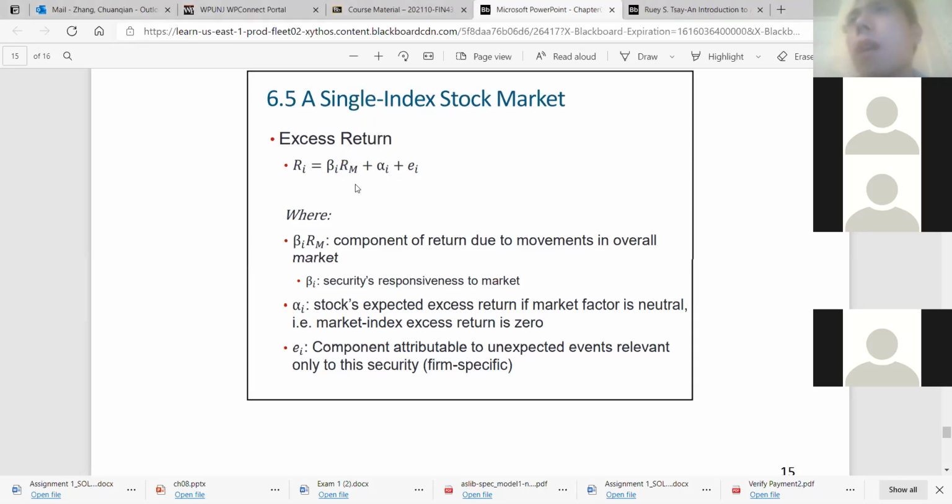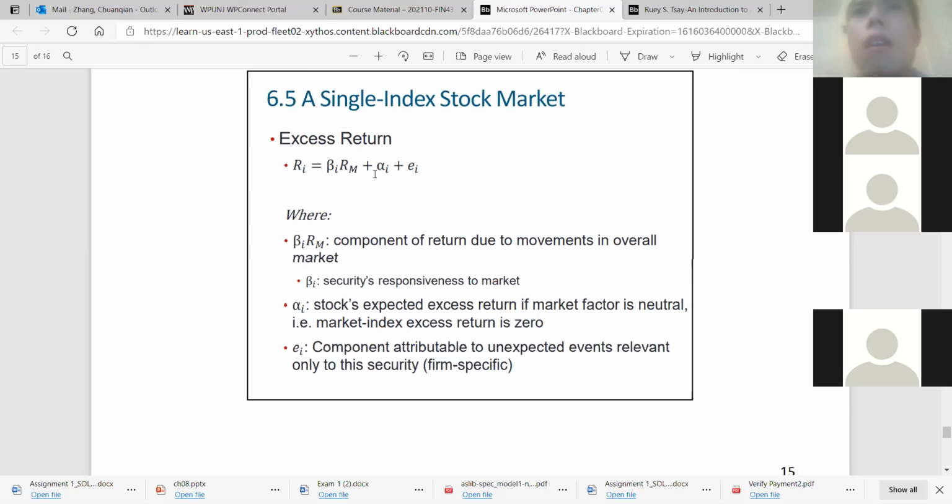RM represents the market portfolio; you can think about the S&P 500. This model assumes each individual stock is related entirely to the market, not to other factors. And beta, the coefficient, represents the association between your individual stock and the entire market. And what does alpha mean?